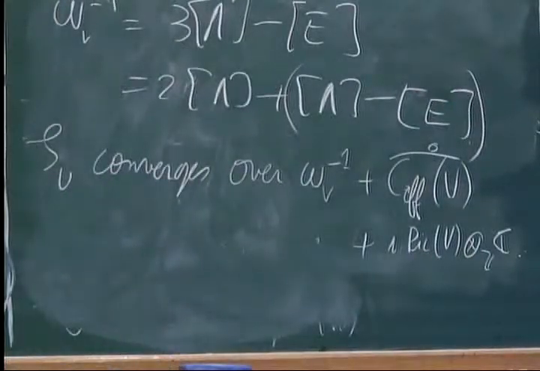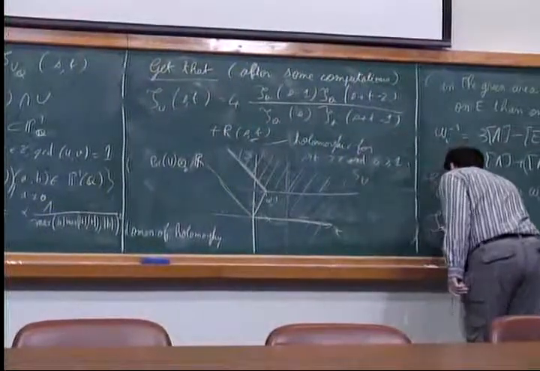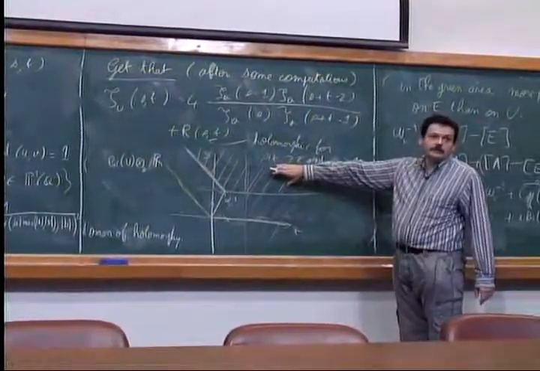So the imaginary part doesn't count. Except that if I was looking at zeta V, it converges in this much smaller area.